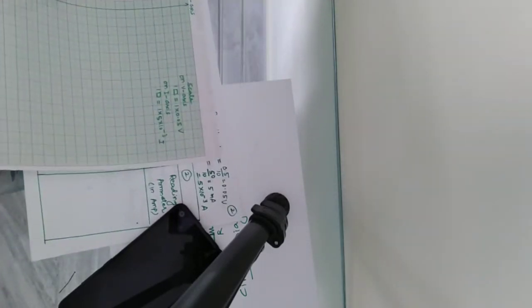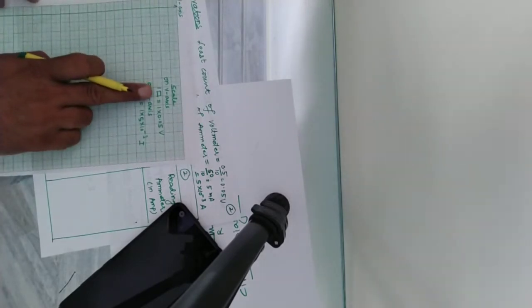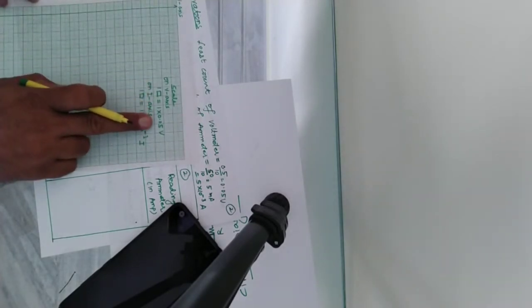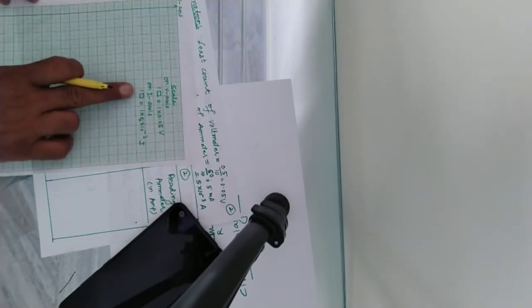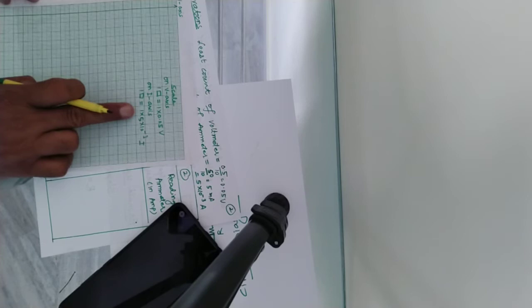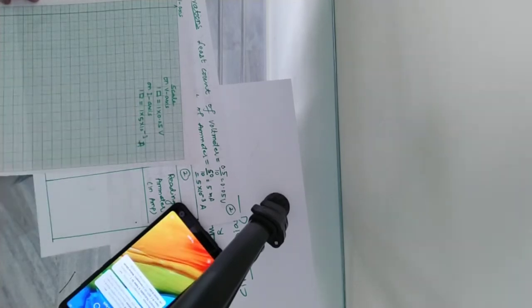So accordingly I have chosen that on the voltage axis 1 square column is equal to 1 division into 0.05 volt, and on the x axis, that is the current axis, I again take 1 square column equal to 1 division into 5 into 10 to the power minus 3 ampere.